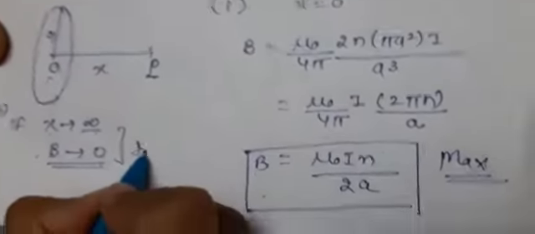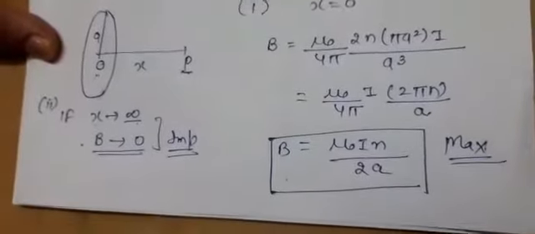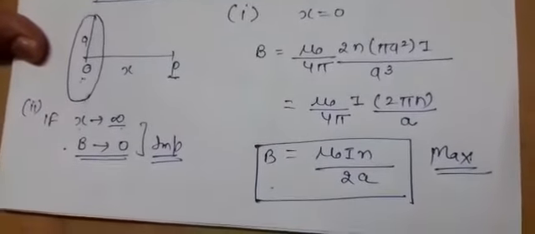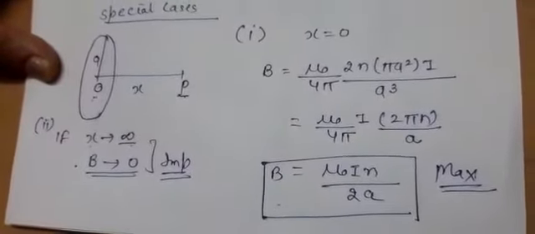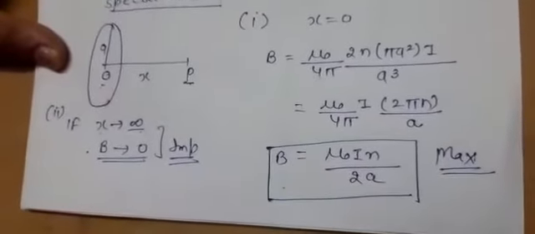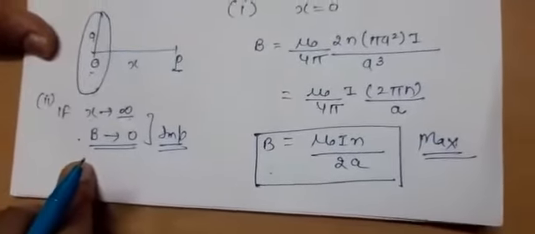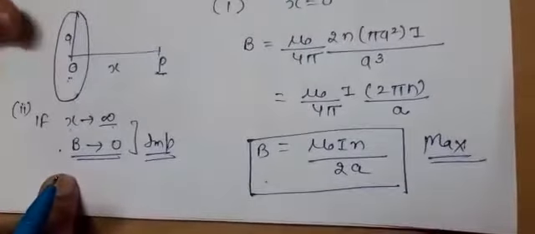This is also an important conclusion. It will help you understand its graphical representation. So when the point of measurement is at a very large distance, at that point the magnetic field will be almost 0.